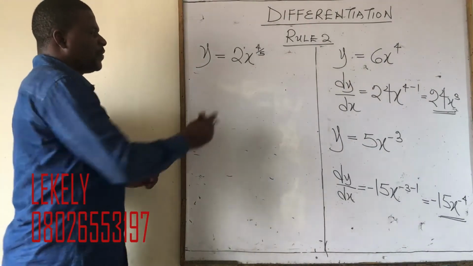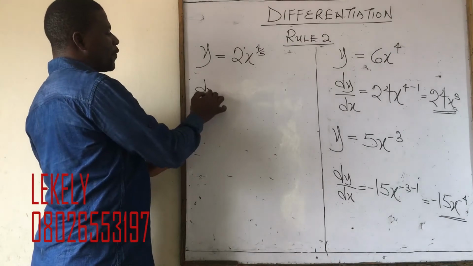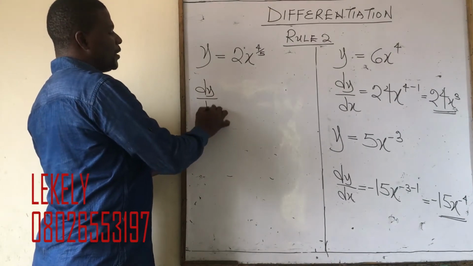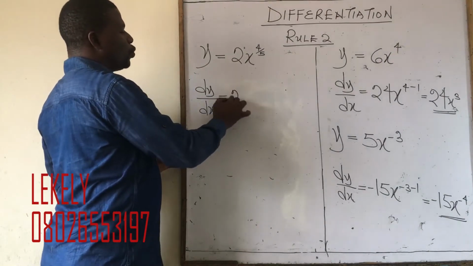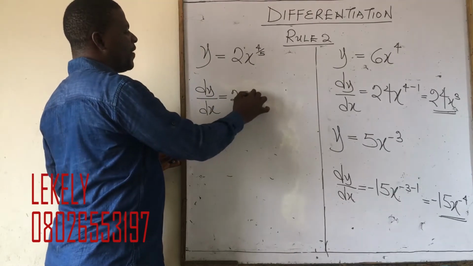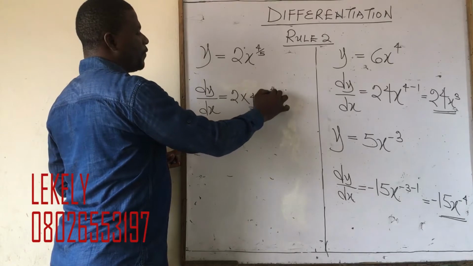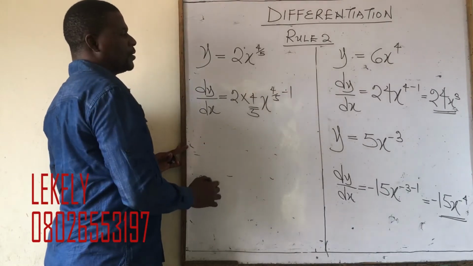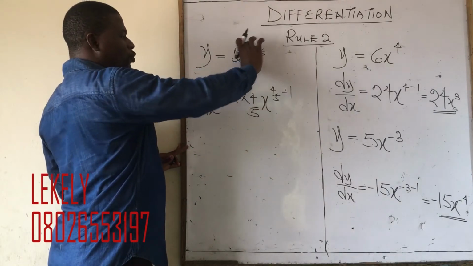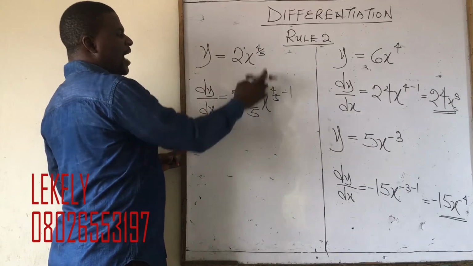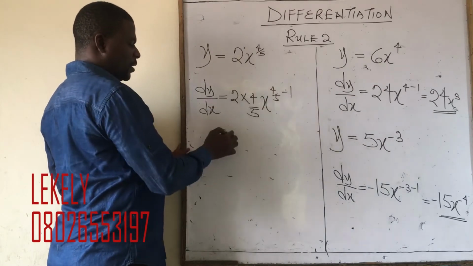Differentiate. Now, if you want to differentiate something like this, of course, your dy dx is going to be the 2 will multiply 4 over 5. You see that? Then x raised to power 4 over 5 minus 1. You will use the fraction to come and multiply the coefficient and then subtract 1 from it.